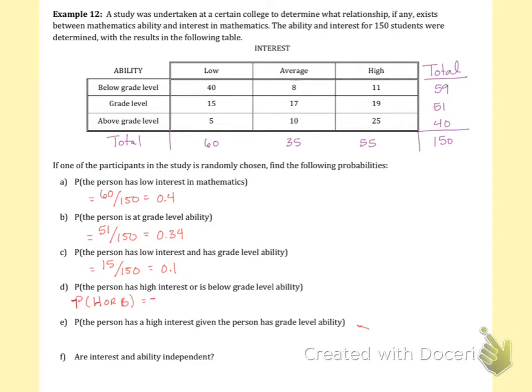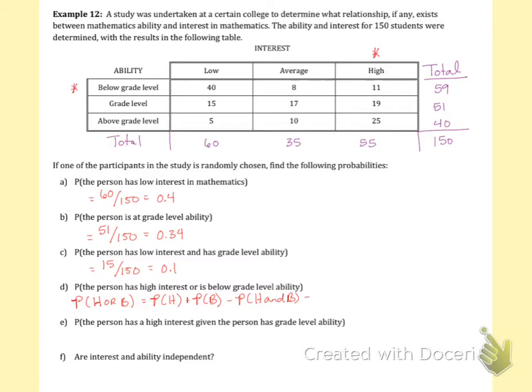Well, this means I'm looking at the probability that a student has high interest plus the probability that they are below grade level ability minus the intersection of the two. I like this problem because it really shows why we need to subtract off that intersection.